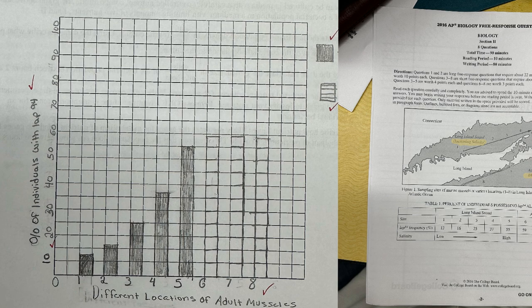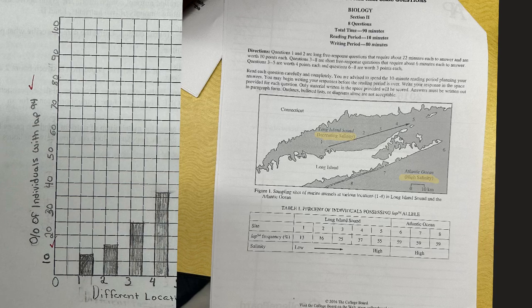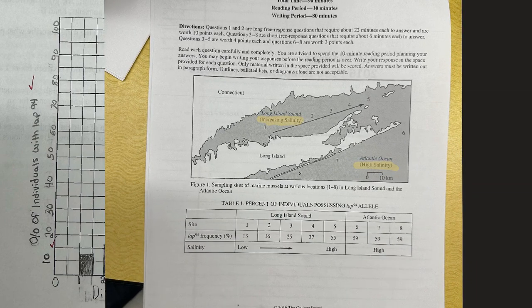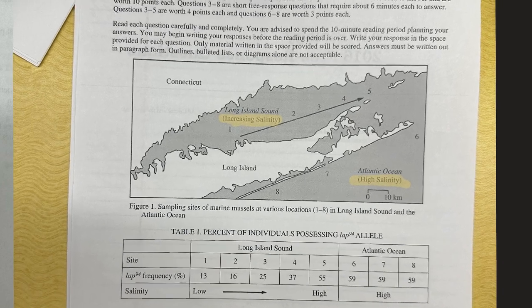But he thought it was increasing with the decrease in salinity. So he just mixed this up, because you had to combine both charts to really interpret the question and get the answer right. So even though this is just a bar graph, there's a whole other level of depth where you have to apply that bar graph to this specific situation.